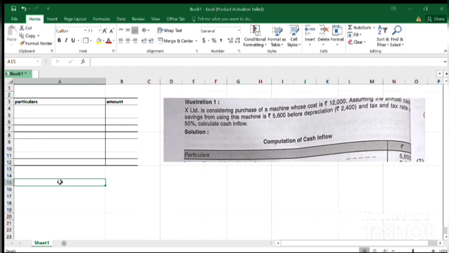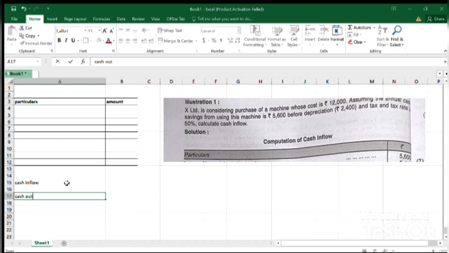For that we need to understand what is cash flow. There are two types of cash flows, which is cash inflow and the other one is cash outflow. Cash inflow is also known as savings, which we are doing.